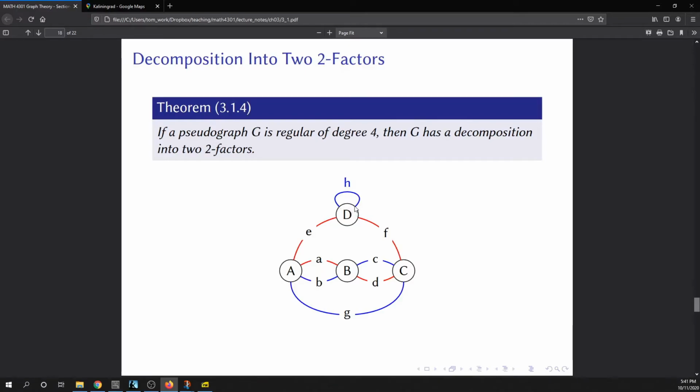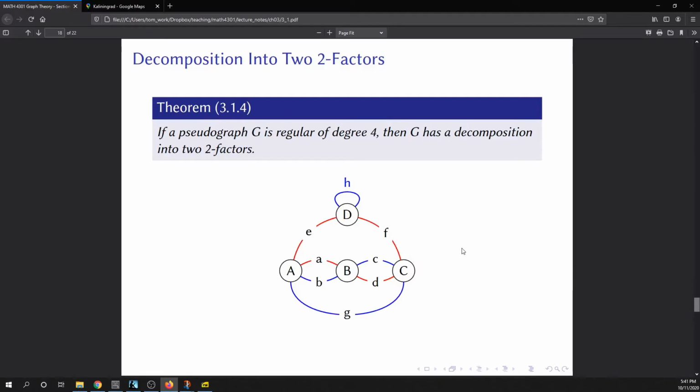But remember, this loop is counted as being degree 2. So therefore, this together with this is a 2-factor. A 2-factor would consist of some cycles that are joined together. That's another way to look at it. I have this cycle down here and this cycle down here for the blue graph, and then this red cycle as well.